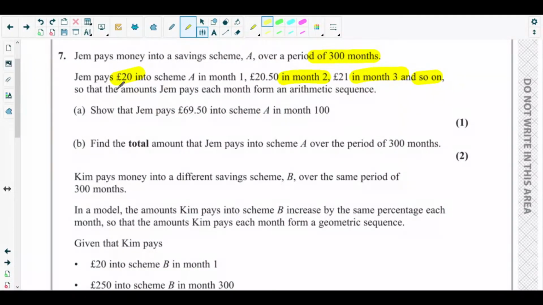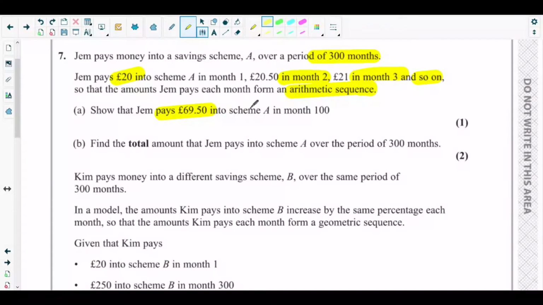So the amounts Jem pays each month form an arithmetic sequence.